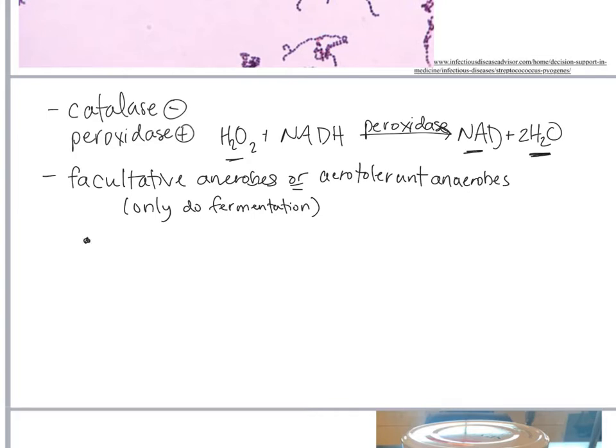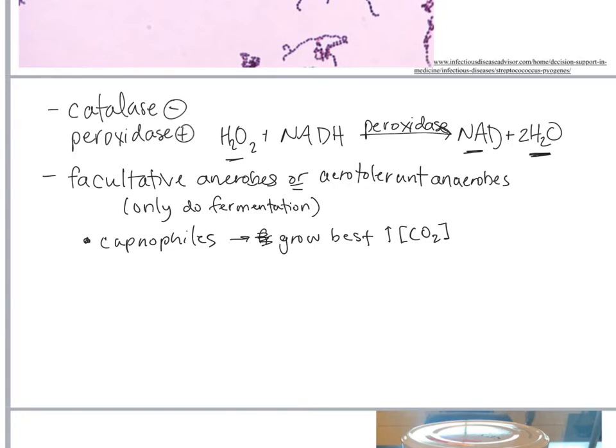Some of them are considered capnophiles. And that means that they are going to grow best in a little higher concentration of carbon dioxide. Okay, so when we put the brackets around it, that means concentration.